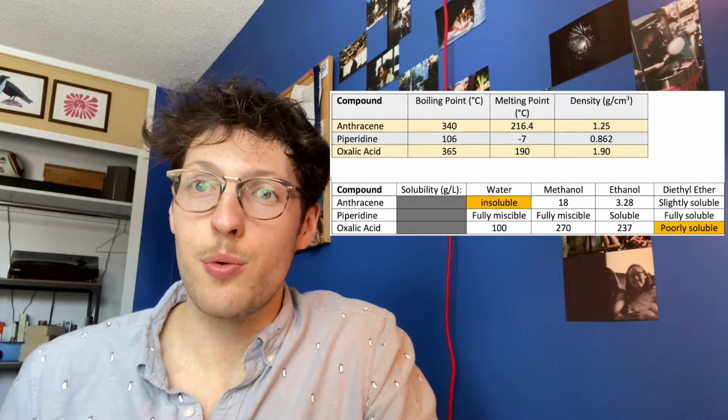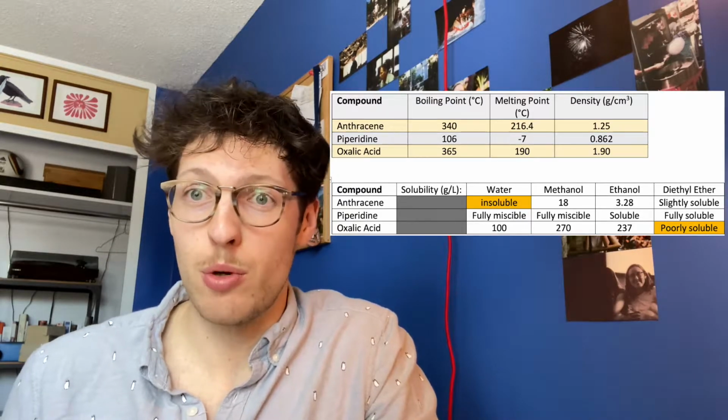You want to remove now the water and the diethyl ether. If we want to separate the diethyl ether, the organic layer, from the aqueous layer, as we're using the stopcock in the separatory funnel, the more dense layer will be the bottom layer, and that is the aqueous layer, because water has a density of roughly 1,000 kilograms per cubic meter, whereas diethyl ether is about 716 kilograms per cubic meter.